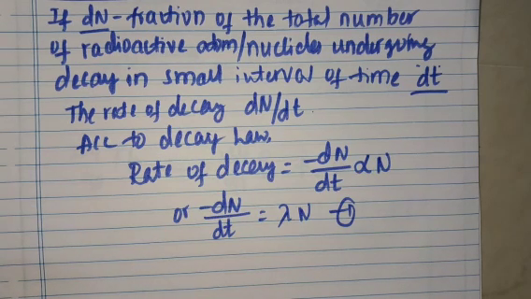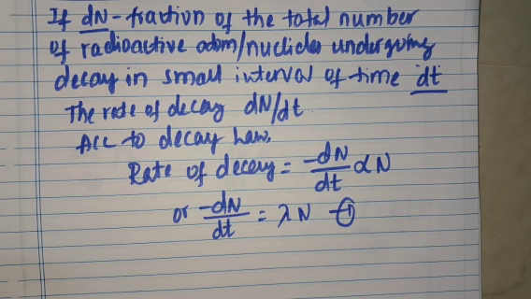Equation 1 is identical with the rate law for a first order reaction. Unlike the rate constant of a chemical reaction, λ is independent of temperature. Here we have to note that the rate of decay of a radionuclide follows first order kinetics.